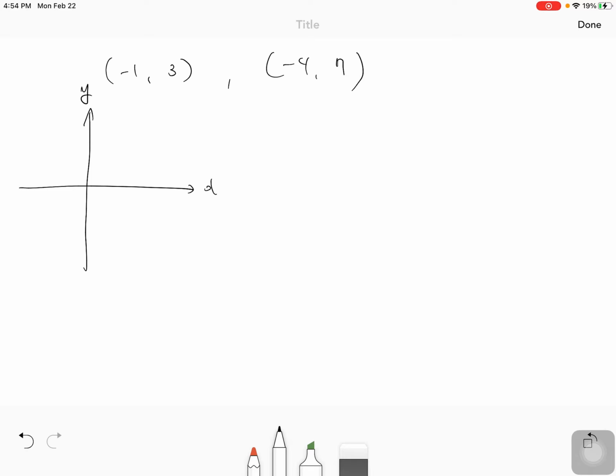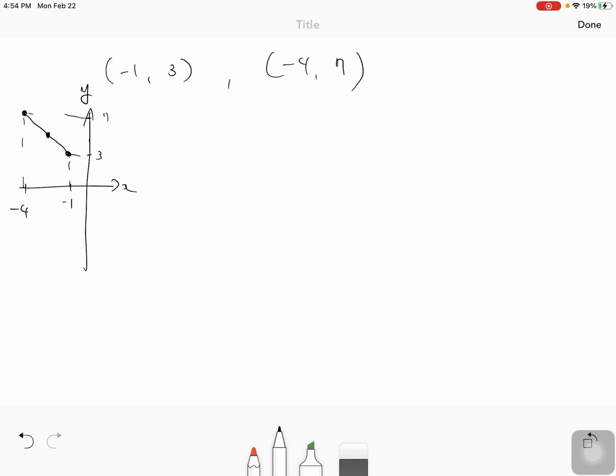So first, I 100% recommend you to sketch the graph, sketch the diagram. -1 and 3 here, and -4. Actually, we don't need this part here. -4 and 7. You have to find the midpoint here.